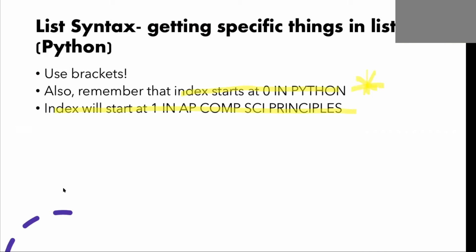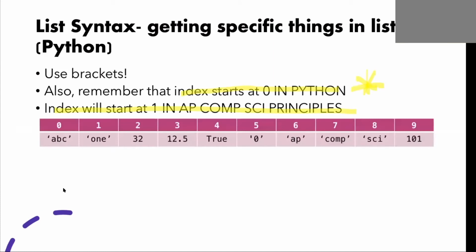So let's say I have a list that looks like this. Let's say that this is list L. At index number 0, I have a string ABC. Index number 1 is a string 1. I have 32 as an integer, a float of 12.5, a boolean of true, and then a whole bunch of other things that are still in my list.